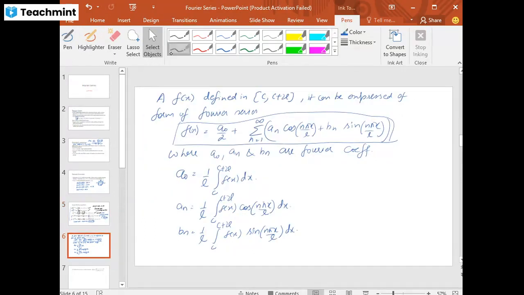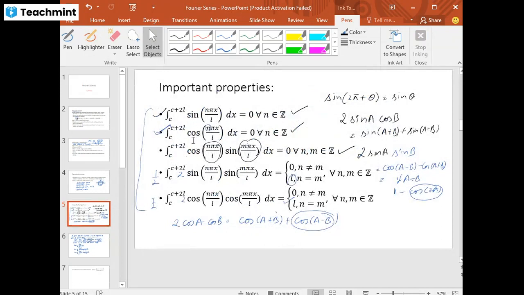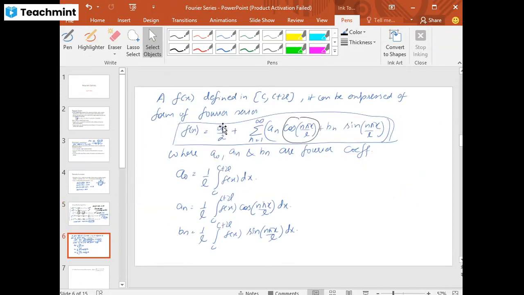If I simply integrate this function throughout within the given limit c to c plus 2l, then what is the integral of cosine in the limit c to c plus 2l? It is 0 because of the first property, right? Cosine and sine, both the integrals are 0. So basically we get the integral of a naught in the limit c to c plus 2l. So from there we can get the value of a naught.